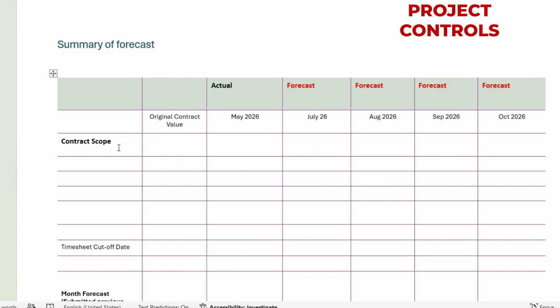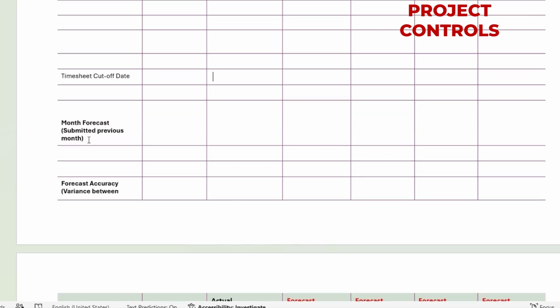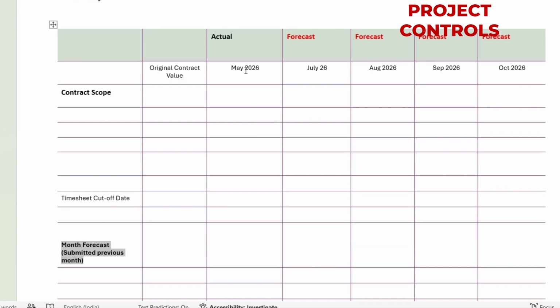So what you need to do is, for example, there is a contract scope and what you are forecasting in your upcoming months, and here you can mention the timesheet cut off date. Then this is the monthly forecast submitted. So for example, you are in May, maybe in July, and for July you have forecasted something.